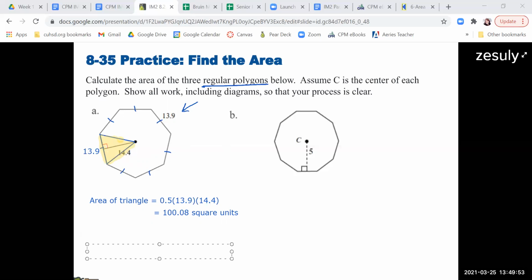So the area of the heptagon is equal to 7 of the triangles. So 7 times 100.08. So let's just times that by 7, and we get 700.56.